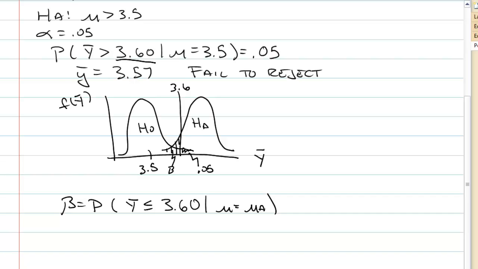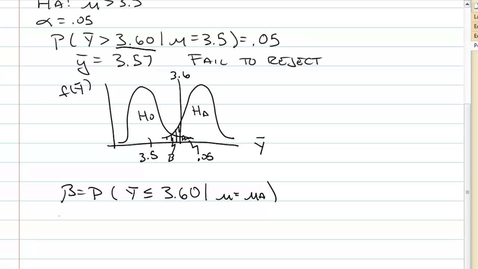Oftentimes it has to come from a subject matter expert. Suppose our subject matter expert told us the difference that meant something as an admissions officer was 0.1. In other words, they're looking for a difference in average GPA of 0.1. In that case, the alternative would be 3.6.